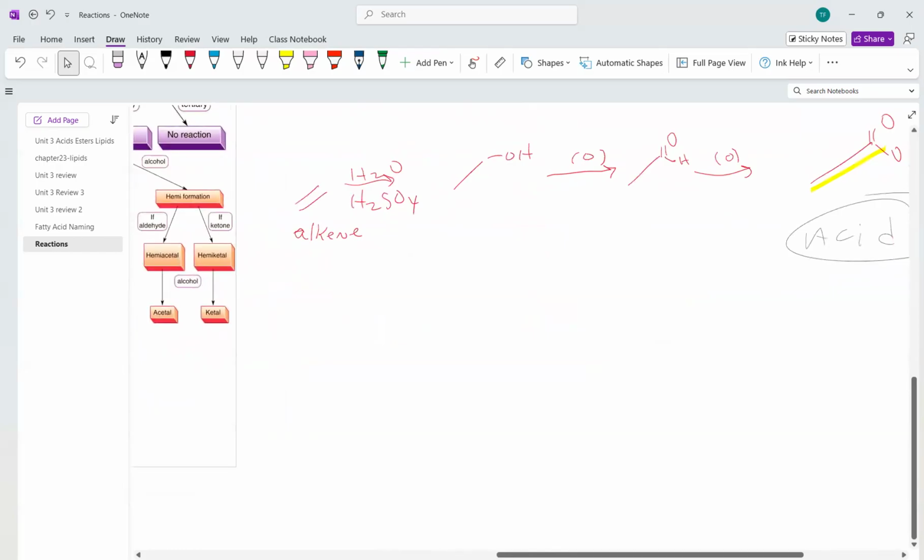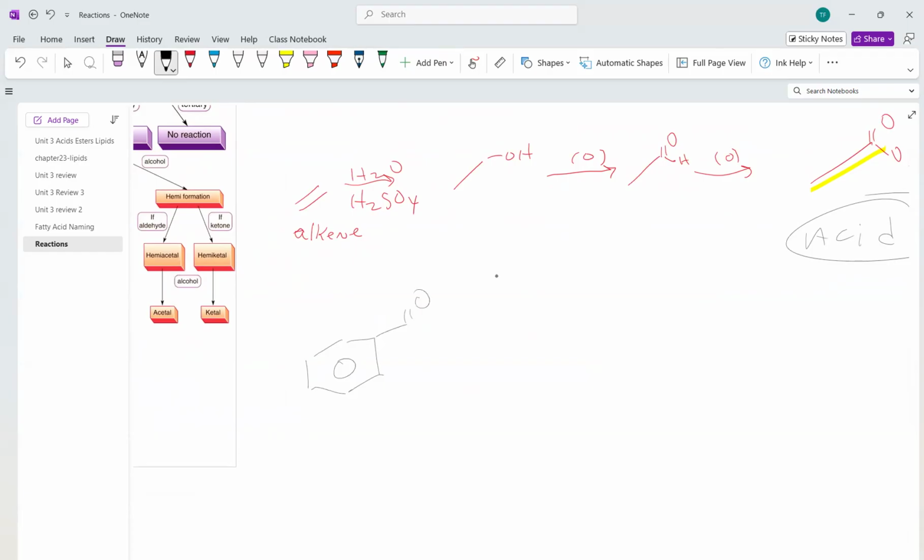I'm also gonna have some questions like that molecule. Let me redraw it so it's easier to see.